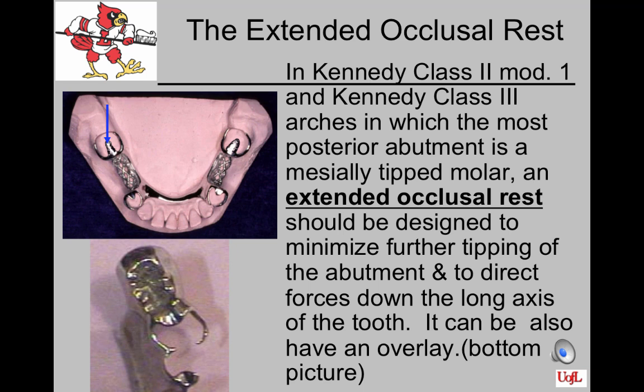You may also place an overlay on the tooth if it is out of occlusion and you want the rest waxed up to provide occlusion with the opposing arch. The rest is waxed and cast with the framework in the form of a tooth's occlusal surface, and it is waxed into occlusion with the opposing arch. The case has to be mounted when the framework is sent to the laboratory for fabrication.